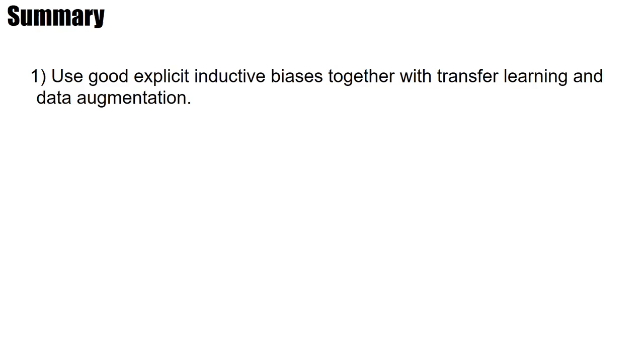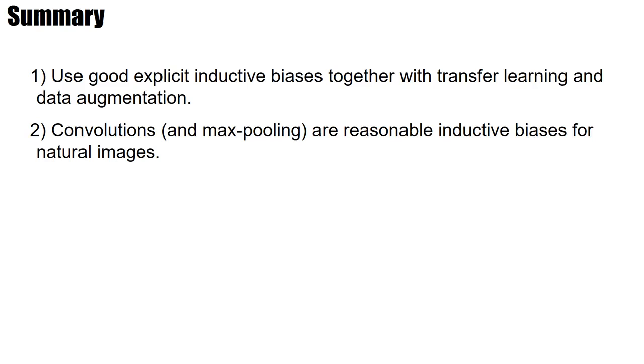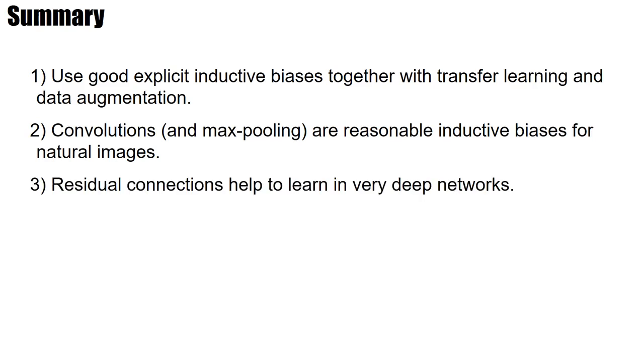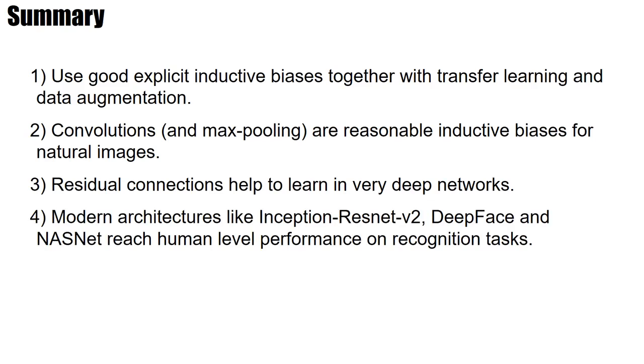Convolutional networks use an explicit inductive bias together with transfer learning and with data augmentation. And the convolutions and the max pooling are reasonable inductive biases for natural images. The residual connections that we see in the more modern networks help to learn in very, very deep networks and implicitly adjust the depth of the network.